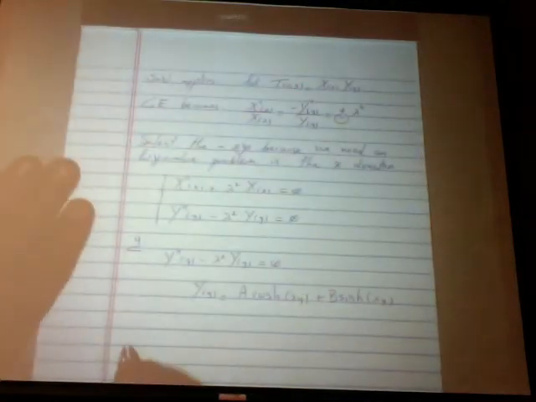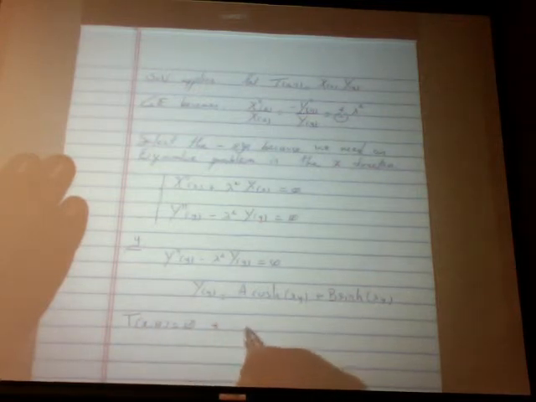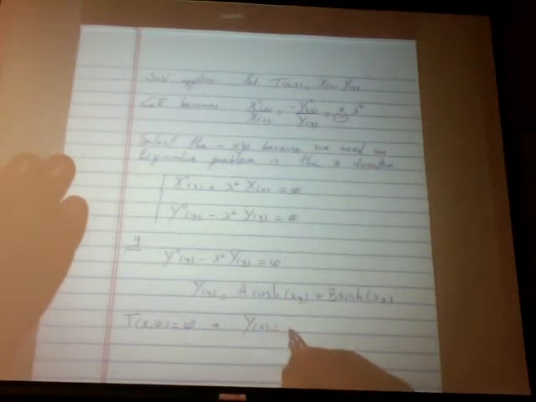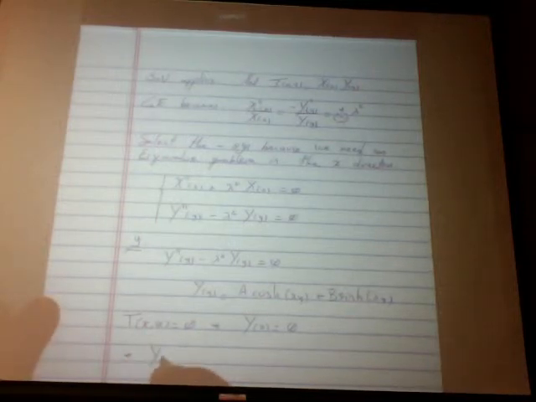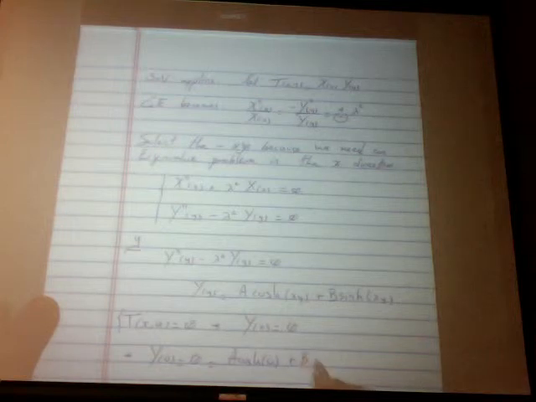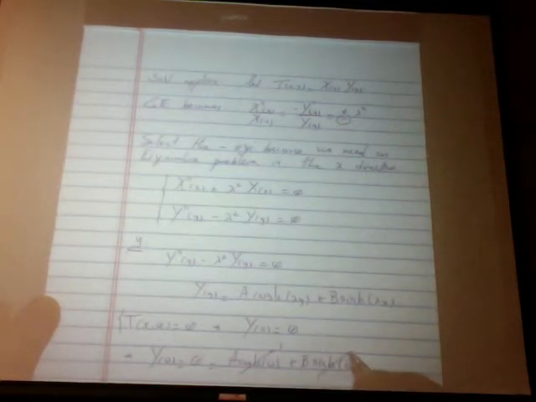Subject to the temperature at x comma 0 is equal to 0. That means that Y of 0 is going to be equal to 0. We already did that. And therefore, if Y of 0 is equal to 0, then A cosh of 0 plus B sinh of 0, and this is 1, this is 0, A becomes 0.